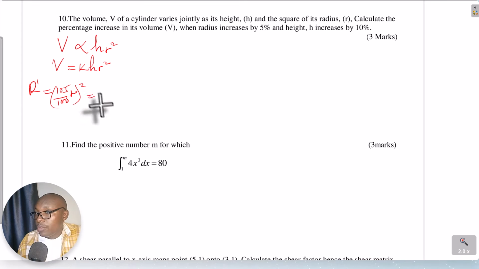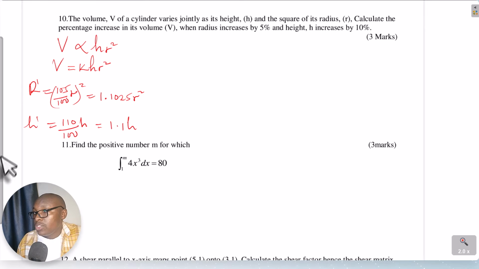So that will give 1.1025 r squared. Then the new height: the height increases by 10%, so it will be 110% of the height. So the new height will be 1.1 h.